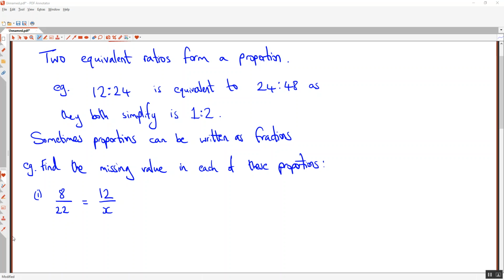Okay, so we've got 8 over 12 is the same as 12 over x.